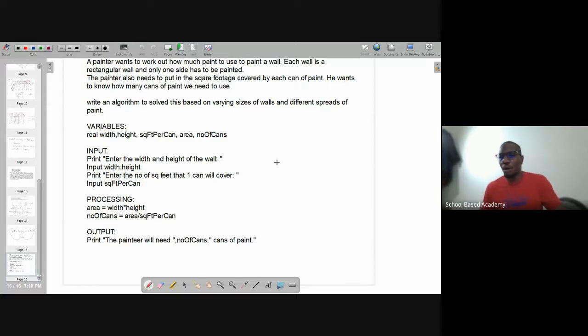The width of the wall is 14 feet, and the height of the wall is 6 feet. Enter the number of square feet that one can will cover. One can will cover 32 square feet.